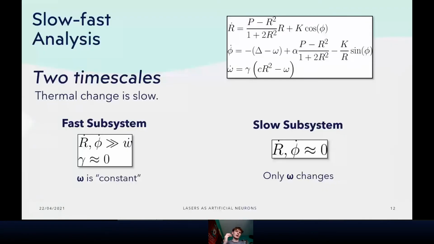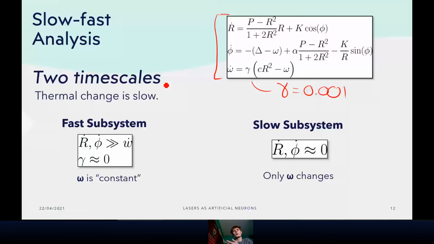So we're going to use some approximations, 2 of them in fact. So take our equation here. Remember now that our gamma is quite small. And so our first approximation is going to be the fast subsystem, where R dot and phi dot are much greater than omega dot. They're dominating the change in the system.